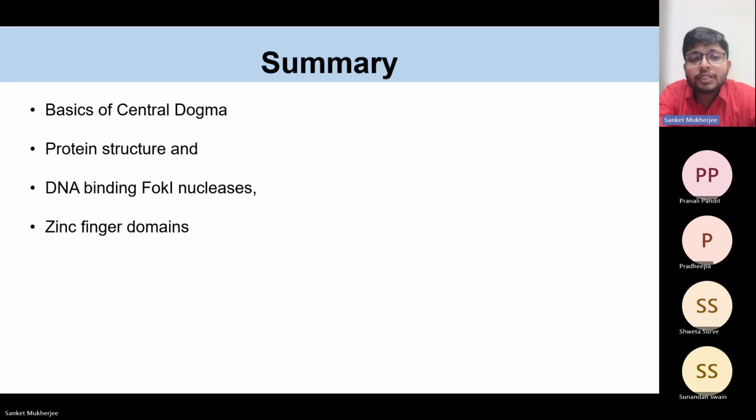Then we will talk about some DNA binding proteins like FOK1 and zinc finger domains, which were discussed in the first lecture of this week. About the applications, I'll not discuss much today. I will have some questions, but you please read them by yourself.